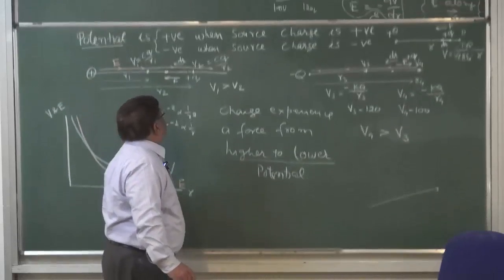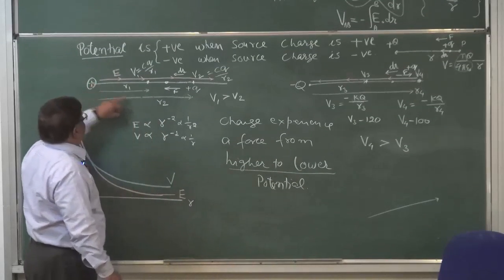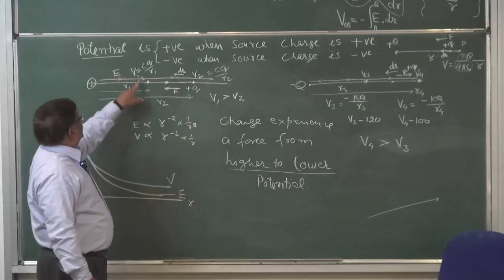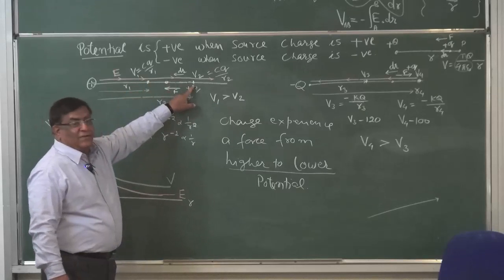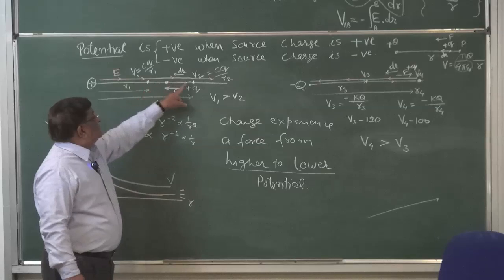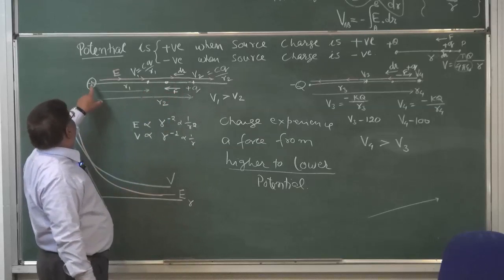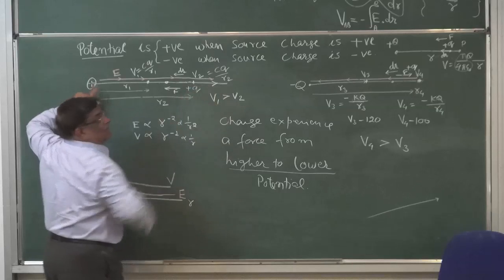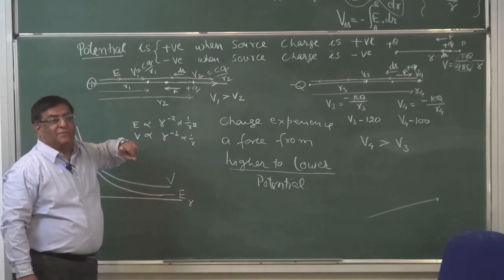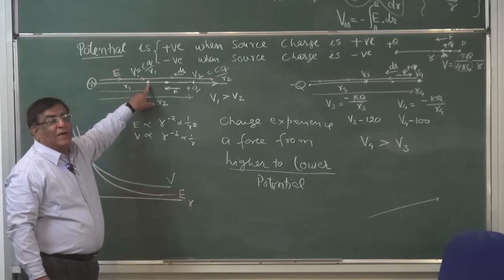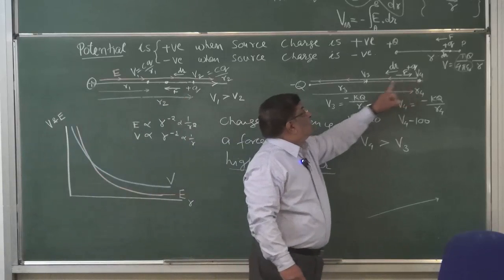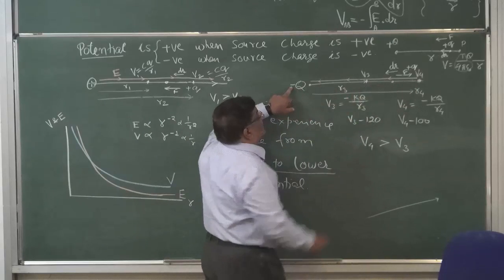Here, V1 is larger than V2. Large, small. What is the direction of the electric field due to this plus? This is the direction of the electric field. So the direction of the electric field is always from higher potential to lower. Here, this is higher, this is lower. Then what is the direction of the electric field?